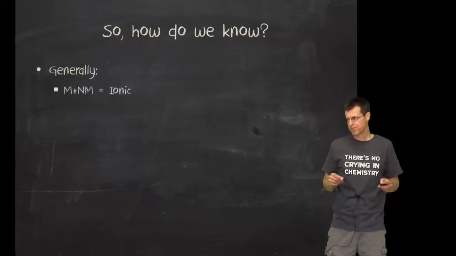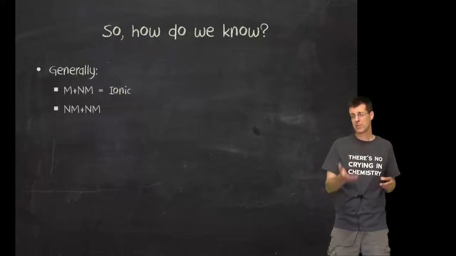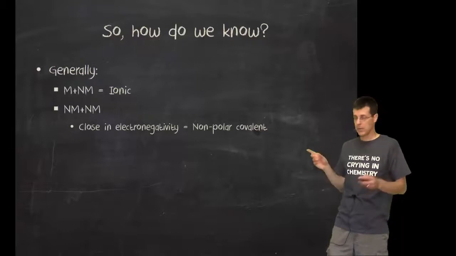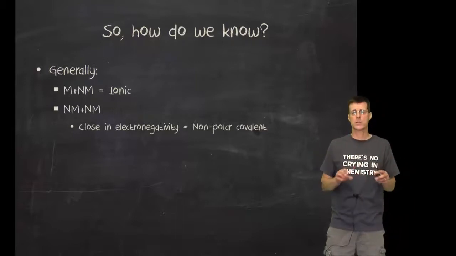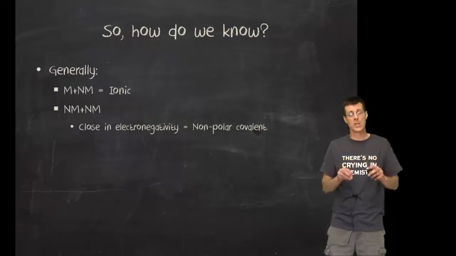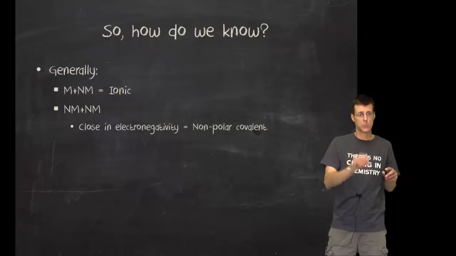Generally speaking, we know this one, all right, if it's metal with a nonmetal. If it's nonmetal with a nonmetal, well, now we have to look a little bit closer. If the two atoms are close together in electronegativity, which for us generally means close together on the periodic table, they're going to be more likely non-polar.